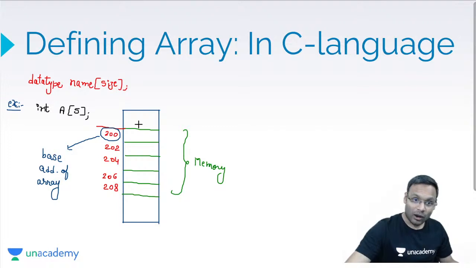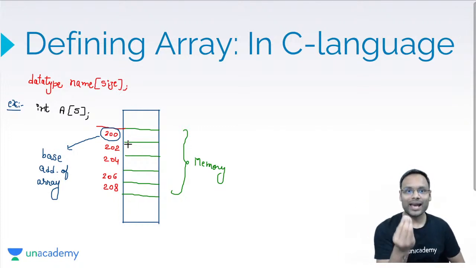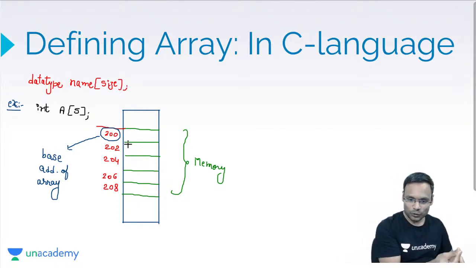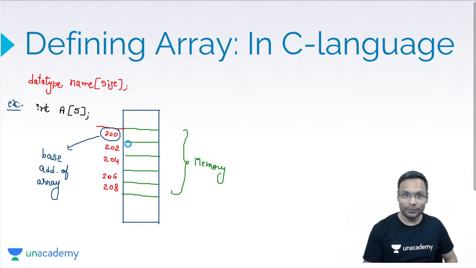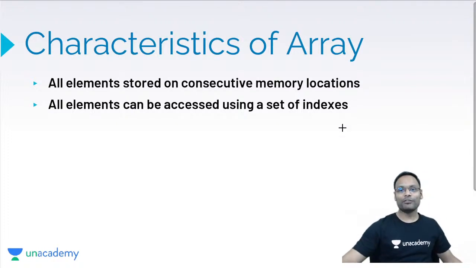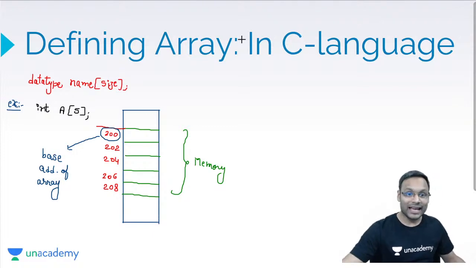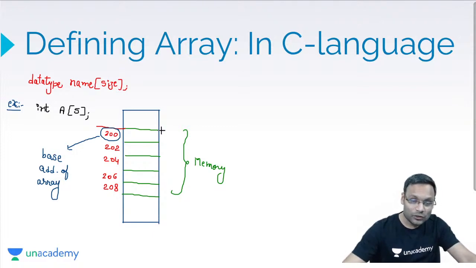Now the thing is, how do I access these elements? To access these elements, I will have to have indexes. I just told you here, all elements can be accessed using a set of indexes. So can you tell me what should be the index of the first element? The first index for the first element should be 0, then 1, 2, 3 and 4.